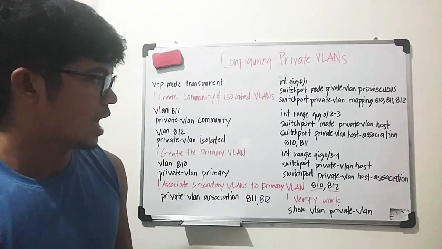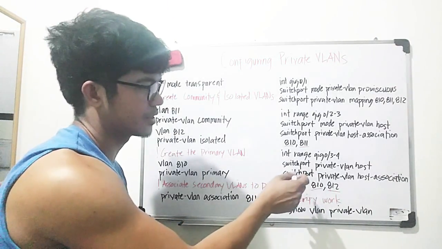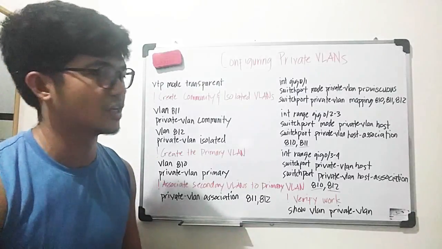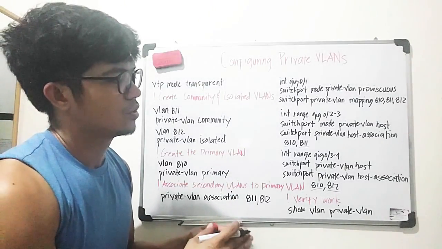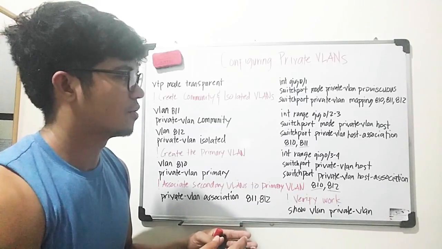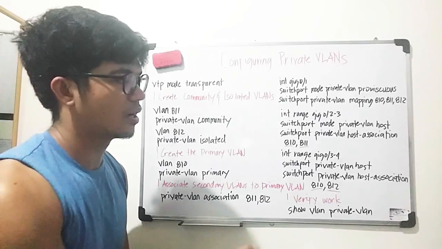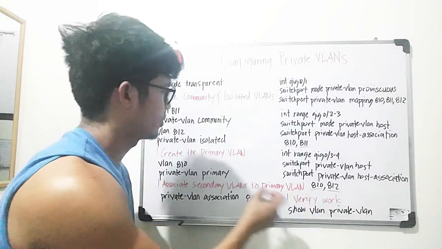And under host ports, I think I talked about this in the last video, you have another two types of ports, which are, of course, the isolated port and the community port.